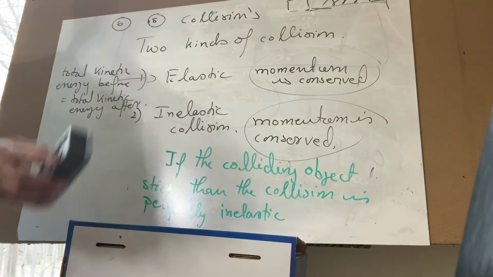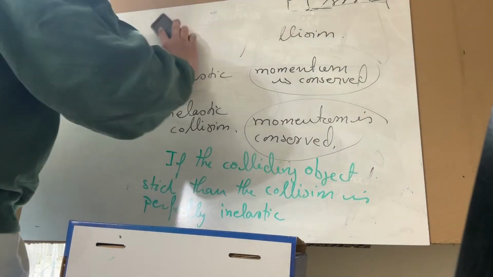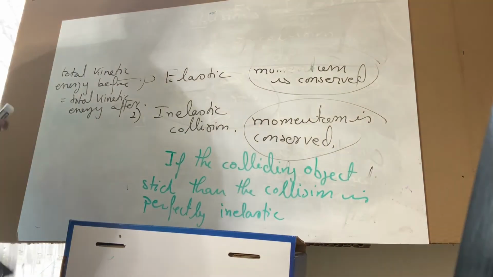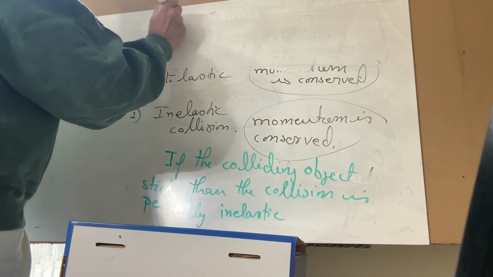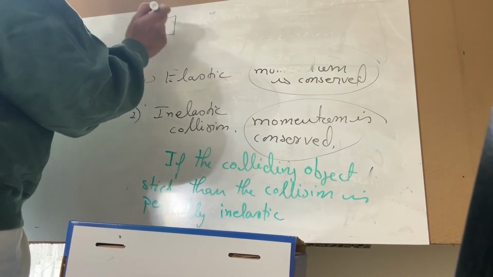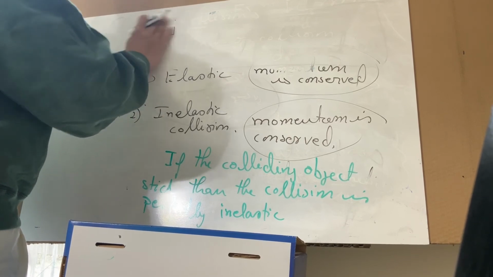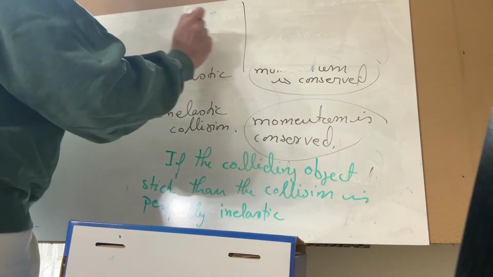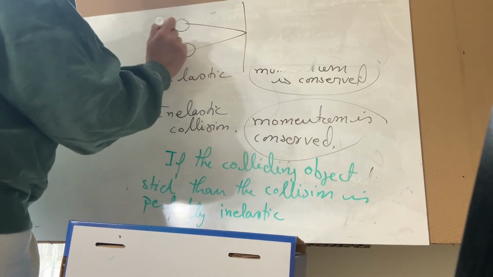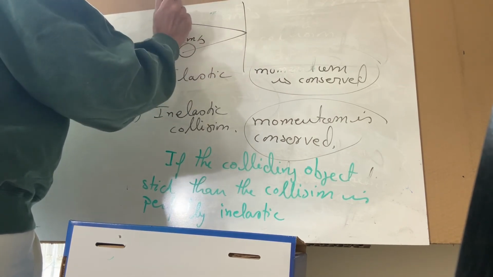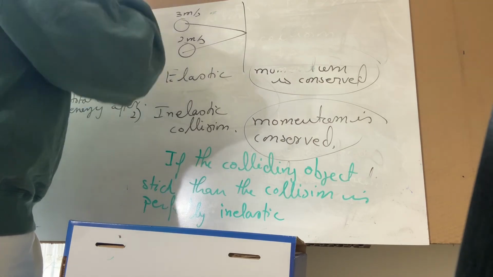Let's look at certain situations, all right? So for example, if an object here, I throw an object here. Remember when I threw this object and it bounced back at a smaller speed, right?